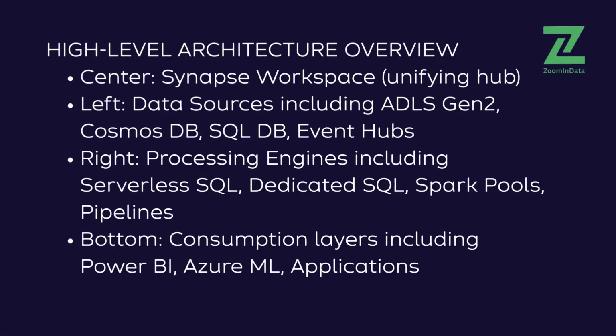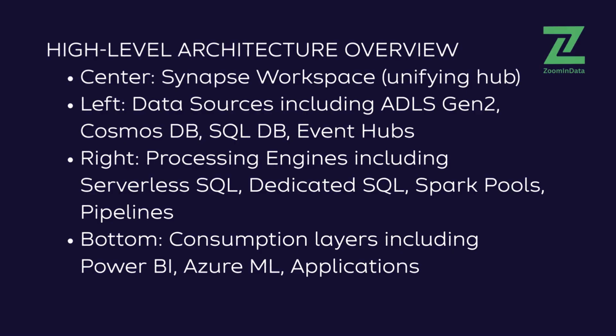Now let's look at the high-level architecture overview. Right in the center you have the Synapse workspace, which acts as the unifying hub for the entire platform. On the left side are the various data sources that feed into it, such as Azure Data Lake Storage Gen2 for massive storage, Cosmos DB for NoSQL, Azure SQL Database for relational data, Event Hubs for streaming ingestion, and more.